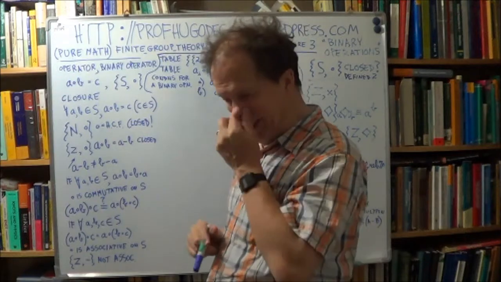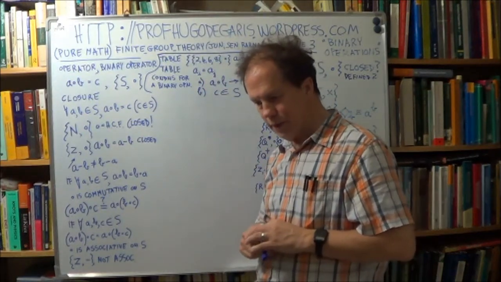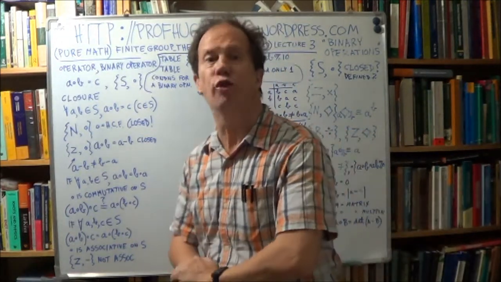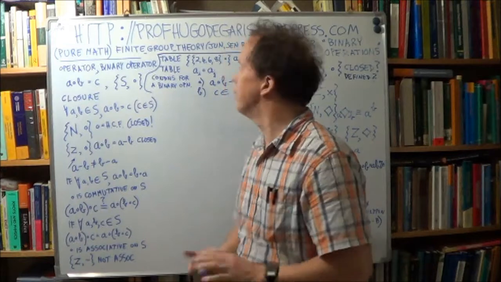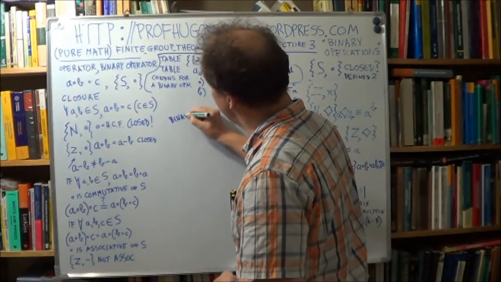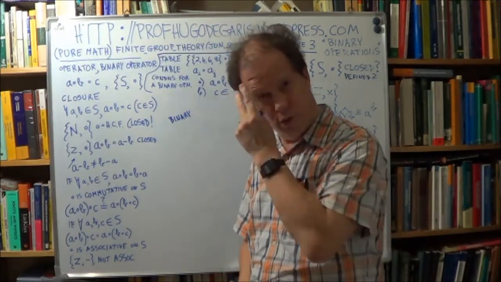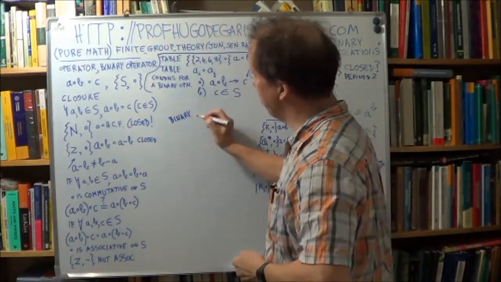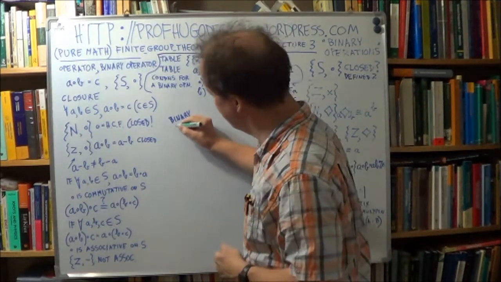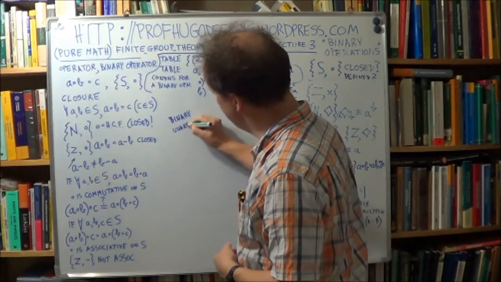So let's now talk about binary operators, and as contrast, unary. Binary is an operator that operates on two things, by two, right? So a binary operator operates on two numbers, whatever, two things, and a unary operator operates on one thing.